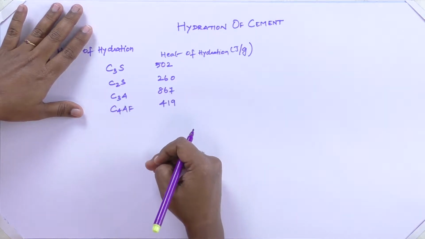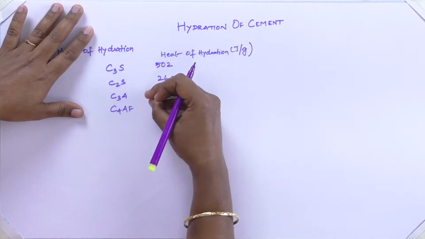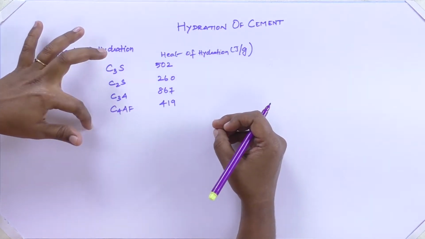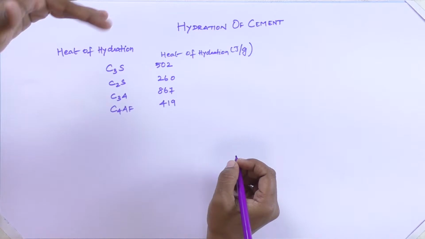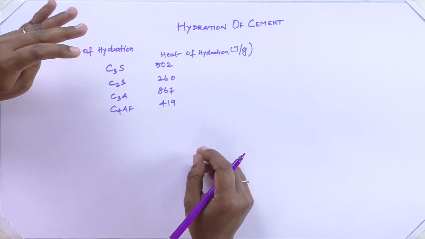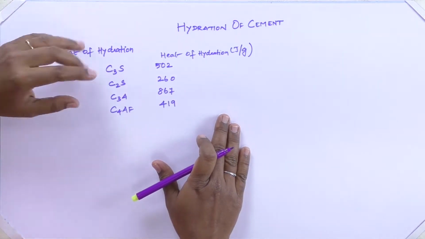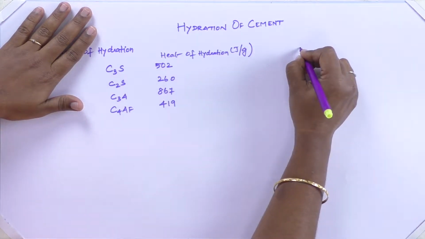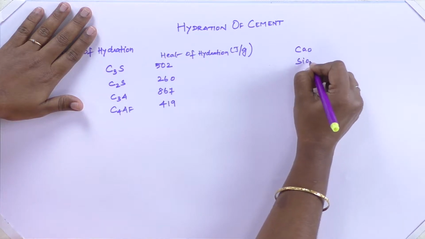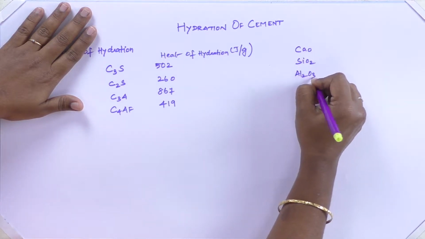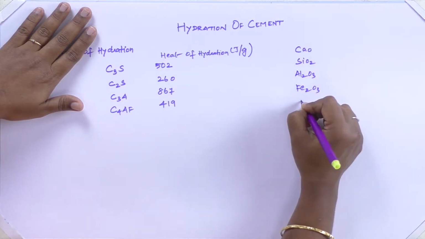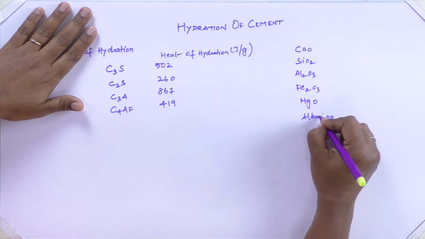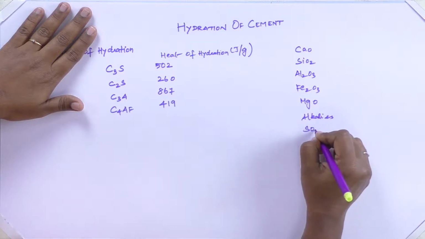Now let us see the hydration of each individual compound, that is C3S, C2S, C3A and C4AF. Before going into that, I would like to recall the oxide composition of OPC that I listed: CaO, SiO2, Al2O3, Fe2O3, MgO, alkalis, SO3.